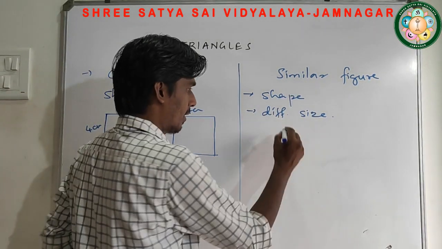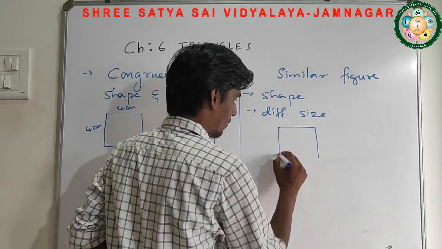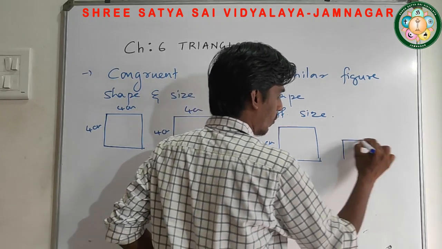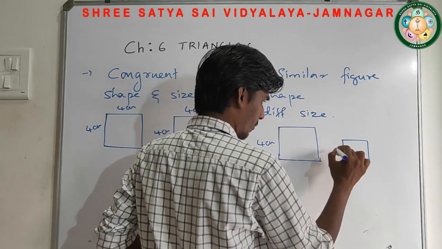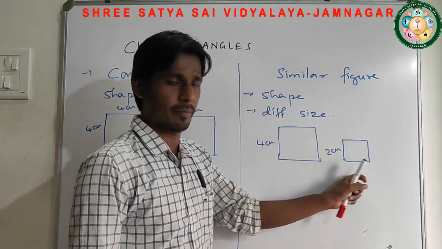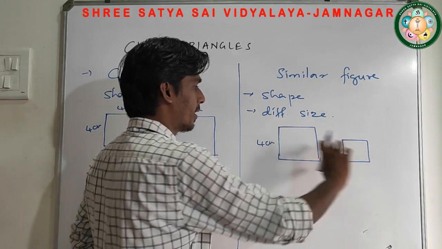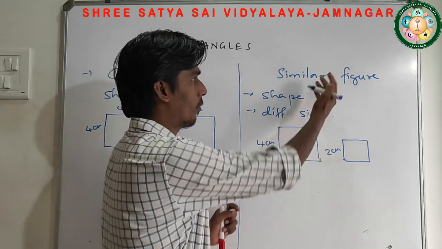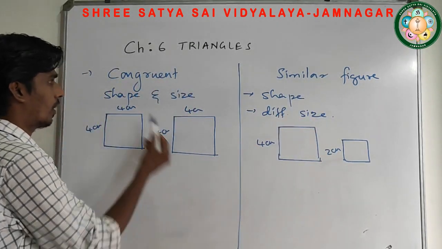But for similar, if I take a square of 4 centimeter and one more square of 2 centimeter, the shape is the same, both are squares, but the measures are not equal. So this pair of figures is similar figures, while these two are congruent figures.